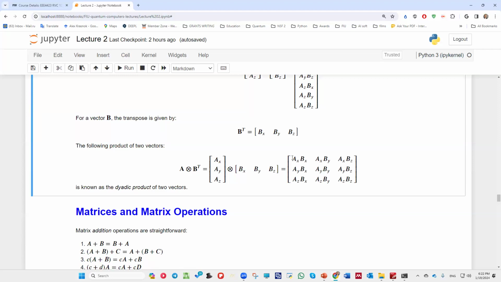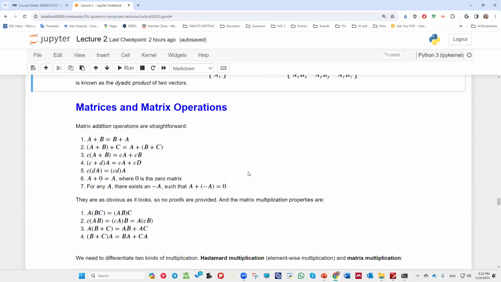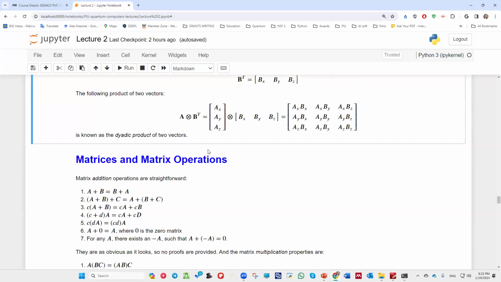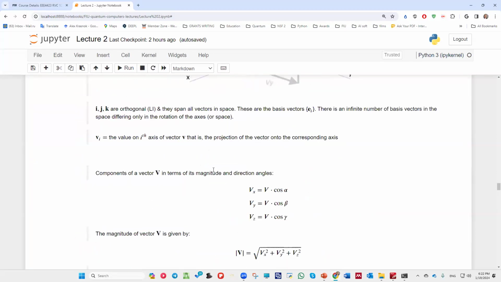In this case, the result will be a tensor. But this is just terminology, and you, of course, are supposed to know all this very well. So now we come to matrices and matrix operations. Do you have any questions about what we've discussed so far?